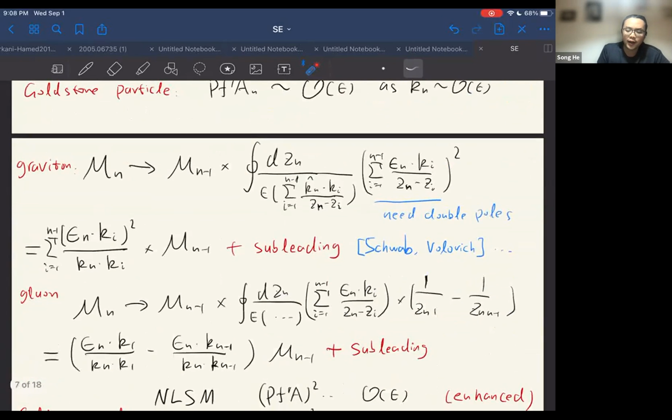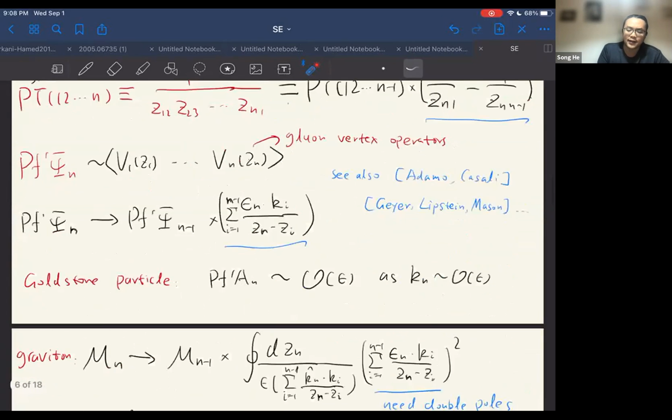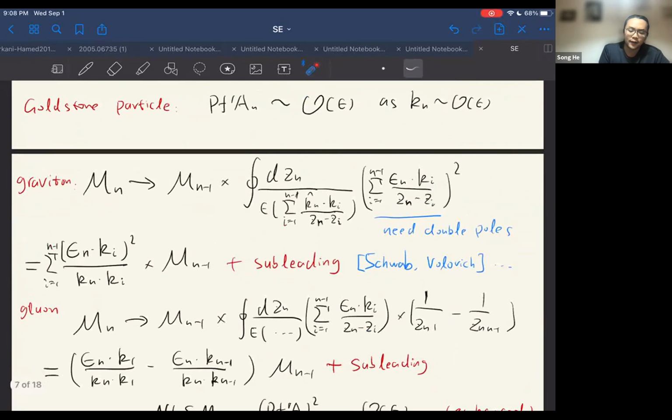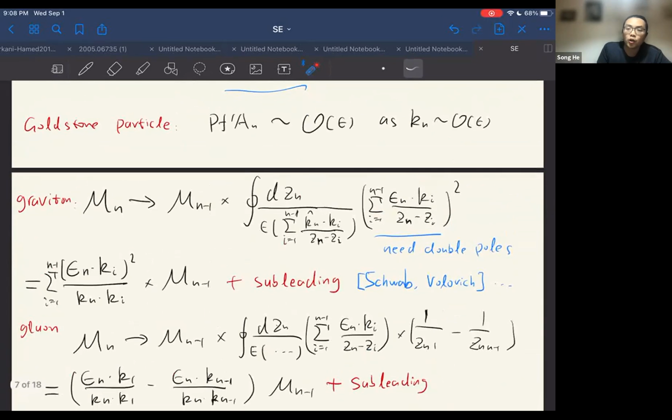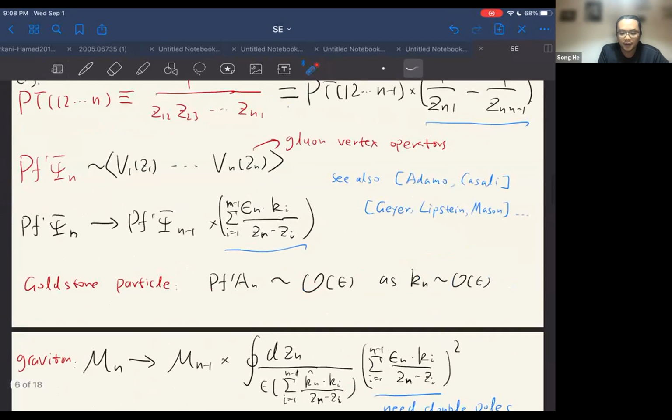Okay, so now you can collect this ingredient and study soft theorems nicely. So for example, for the graviton case, actually not only for the n graviton amplitude, but you can make the argument even more generally: for gravitons interacting with other particles, it always factors out two copies of this Pfaffian soft factor that I mentioned, right?